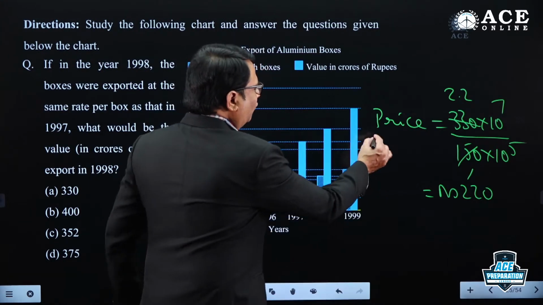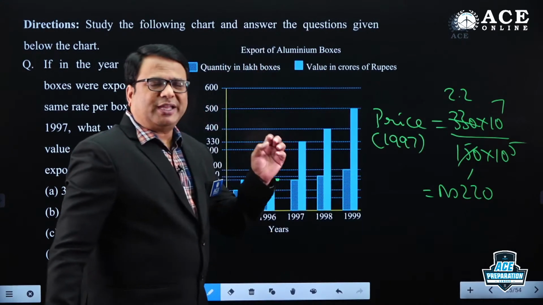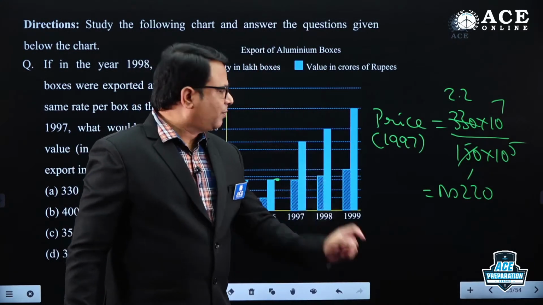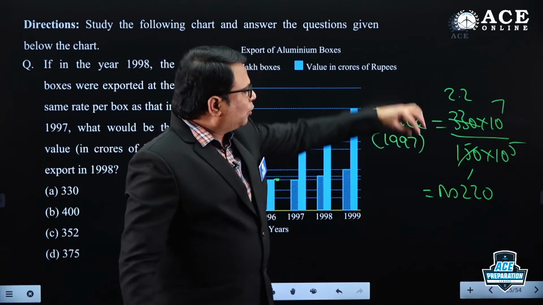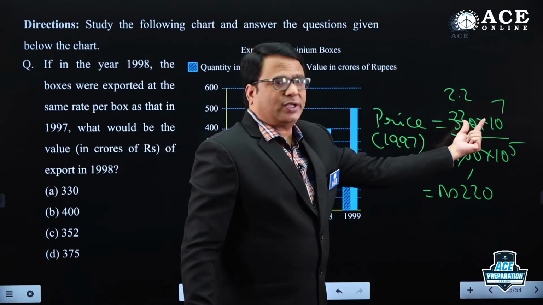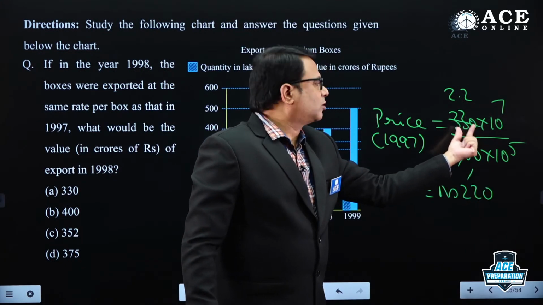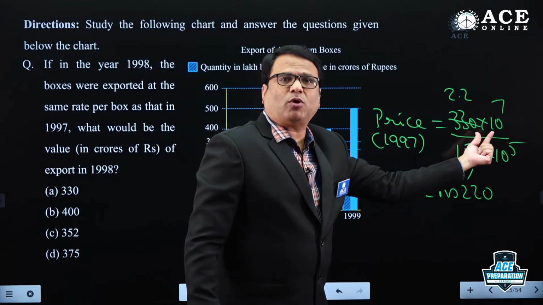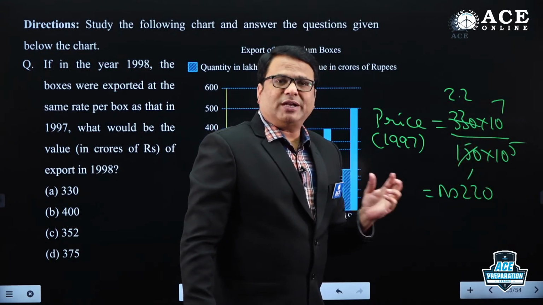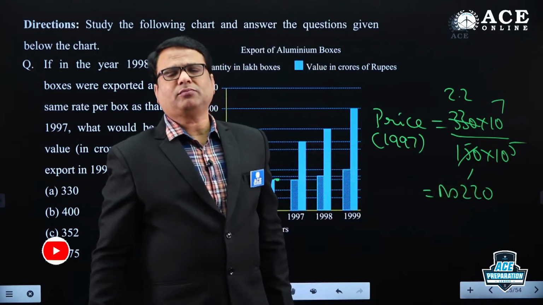The price of each box in 1997 is 220 rupees. And how did we get this 220? Total value of the boxes, 330 crores, divided by number of boxes, 150 lakhs, gives the price of each box, which is 220.